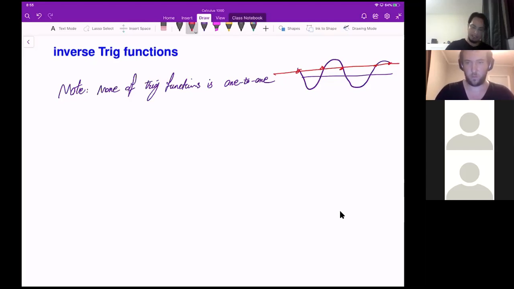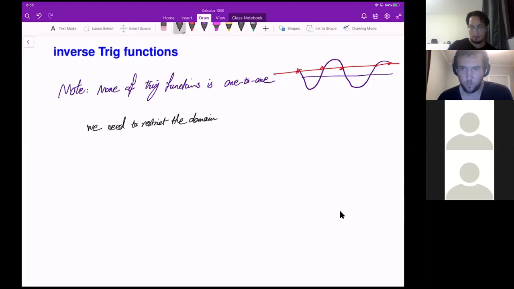The point is that we need to restrict the domain of trig functions such that the function on that domain is one-to-one.